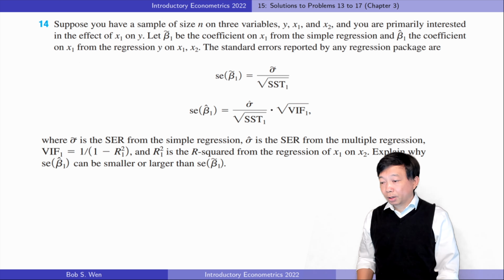The R squared comes from the regression of x1 on x2. Explain why the standard error of beta 1 hat from the multiple regression could be smaller or larger than the standard error of beta 1 tilde from the simple regression.